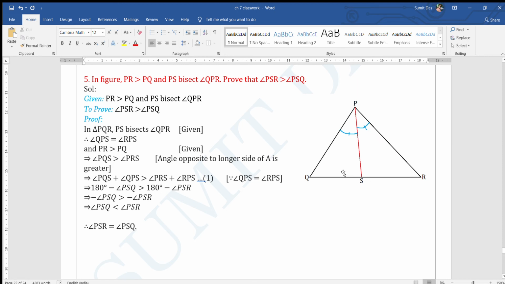Opposite side of PR is angle PQS, this angle, and opposite side of PQ is this angle PRS. Understood?